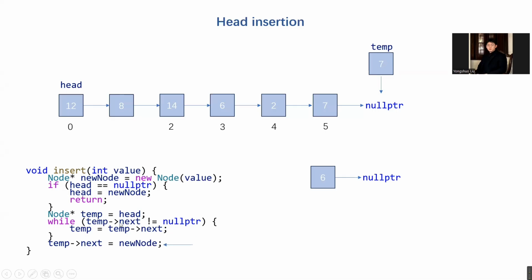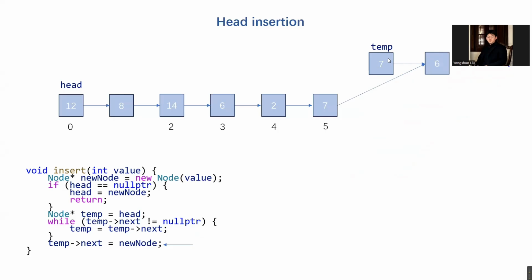So here we break the condition. That's why the code will jump outside of the while loop. So finally, temp's next will become the new node. This one, the new node. So it should become like that. Because temp points to the last node, if we set temp's next to the new node, this one's next will become the new node, right?